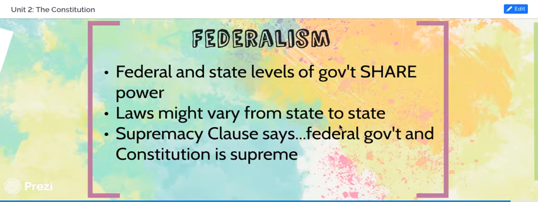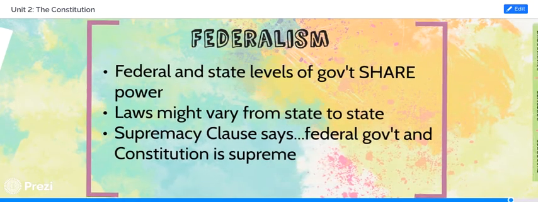So now laws might vary from state to state, but if these laws say something different than the federal government, the Constitution is supreme and the federal government will always win. Okay? The supremacy clause says the federal government is supreme. Because remember in our articles, let's eat Jolly Ranchers and sip root beer. The S for sip is supremacy.